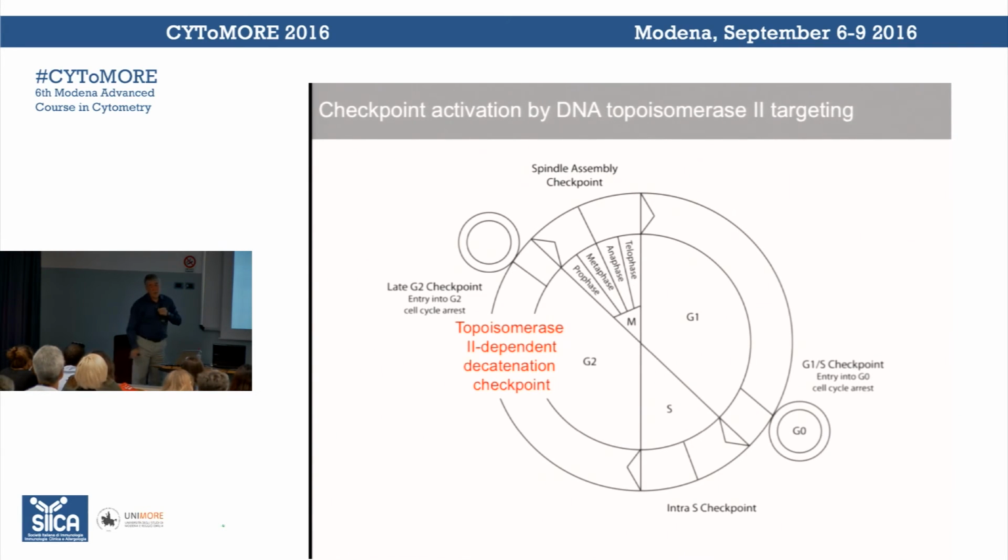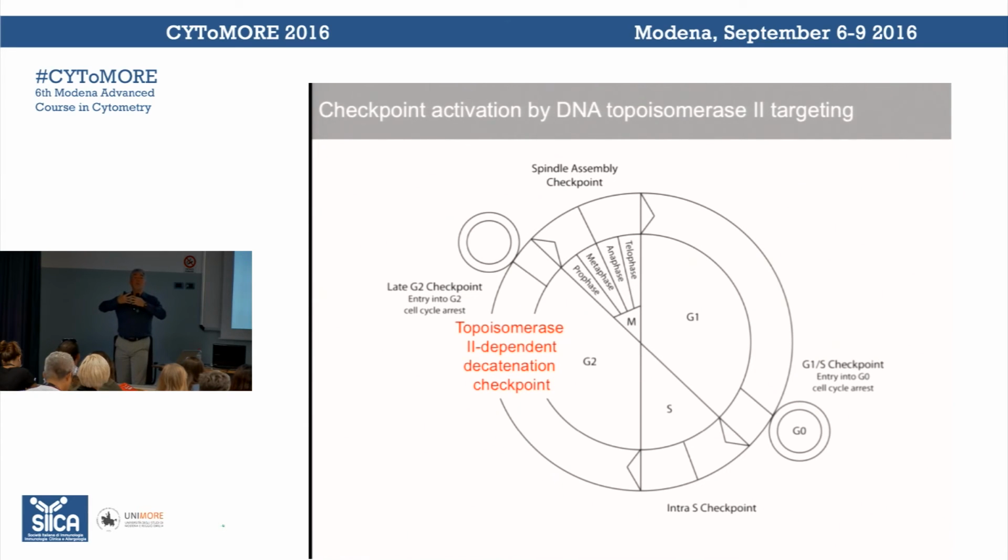And this has been used because there are unusual activities, mechanisms of action associated with drugs that inhibit topoisomerase 2, not least the ability to inhibit a checkpoint late in the cell cycle here called a decatenation checkpoint.